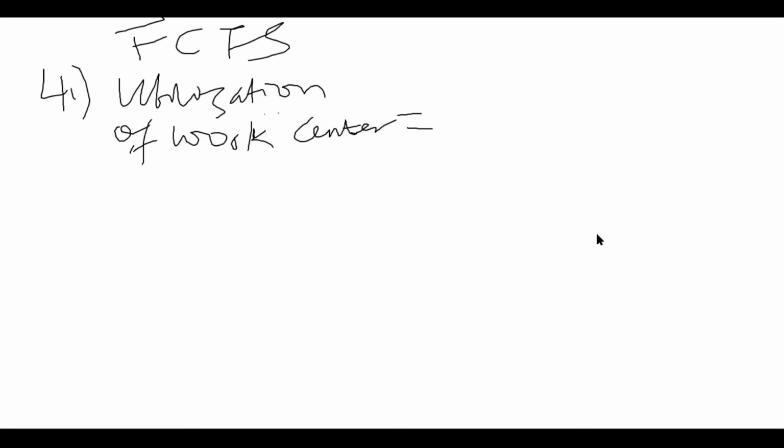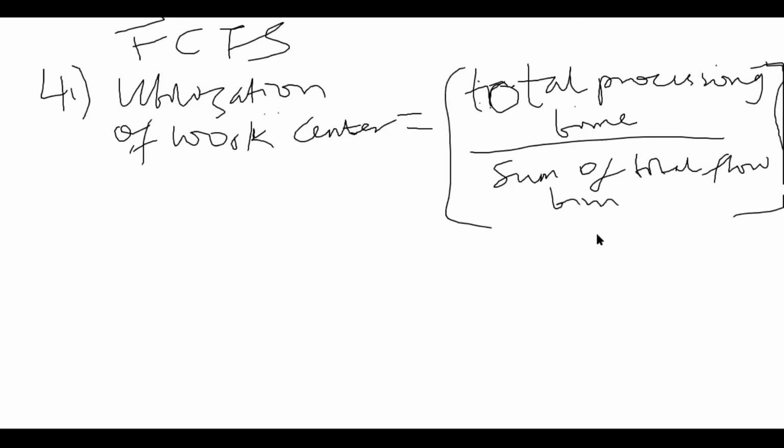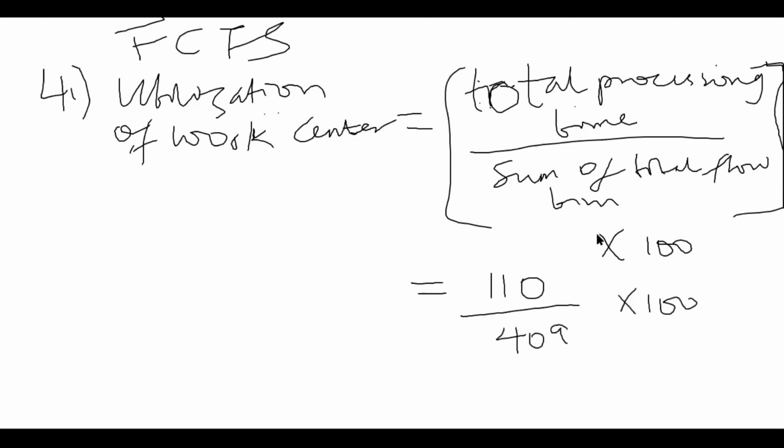Utilization of work center gives us total processing time over the sum of total flow time, then this whole thing that you calculate here times 100. So our total processing time, if we remember, was 110, and our total flow time was 409, times 100.